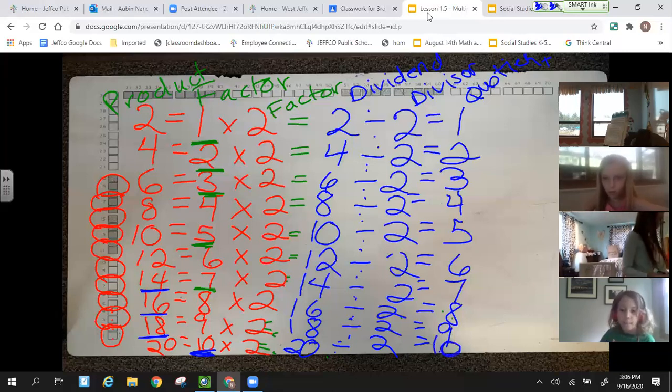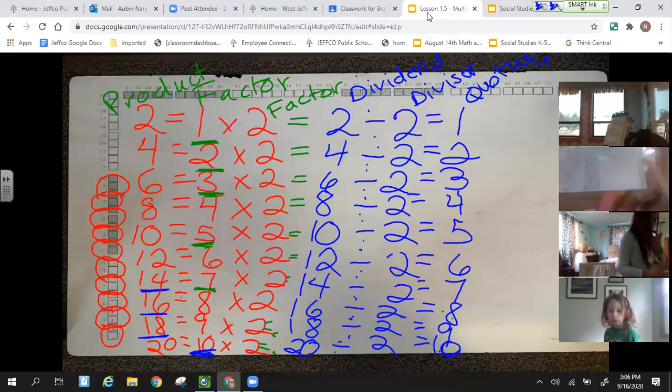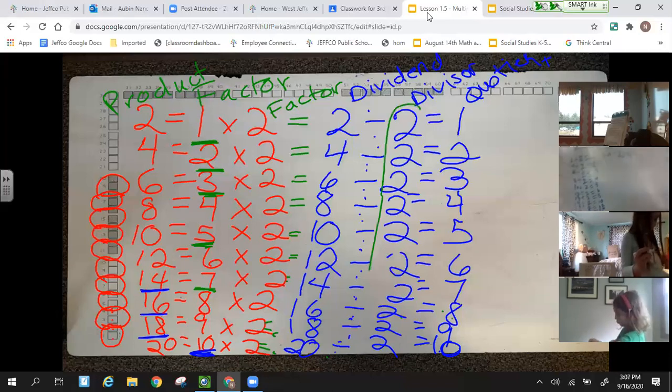Bingo. Good job. All right, now look and see, what patterns do you see? We're just going to talk about them. What patterns do you see, Elena? Okay, so what she noticed is the divisor is always 2. That's our count by.